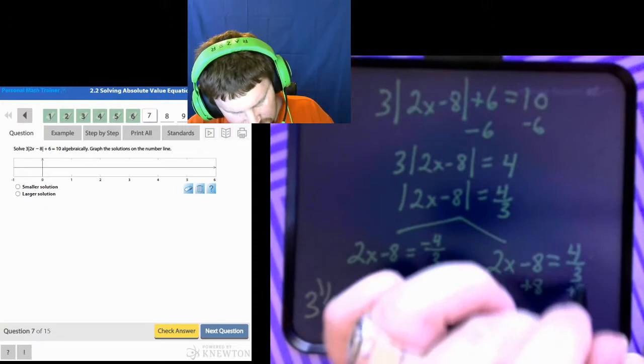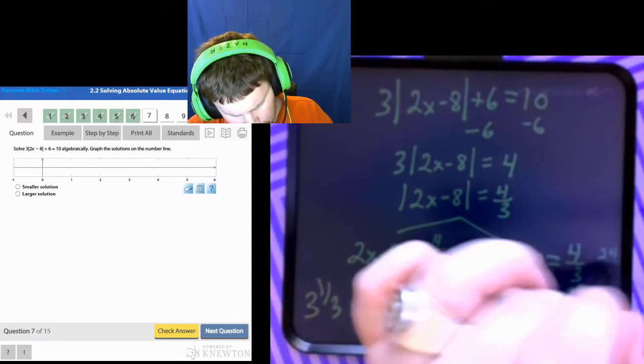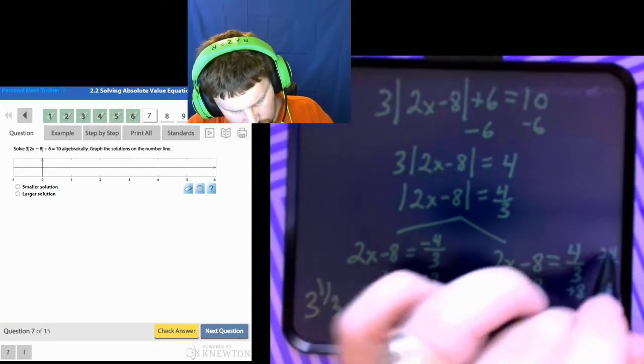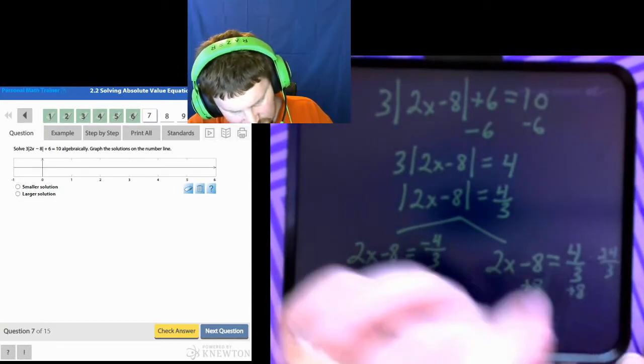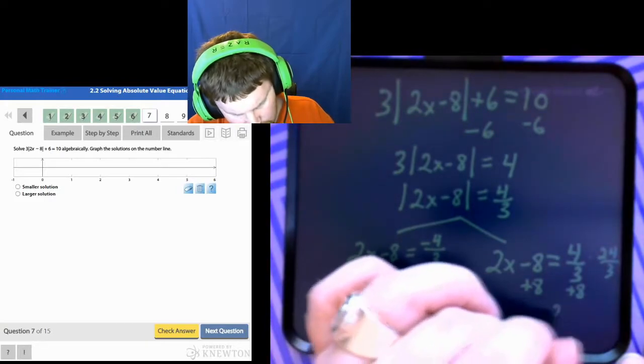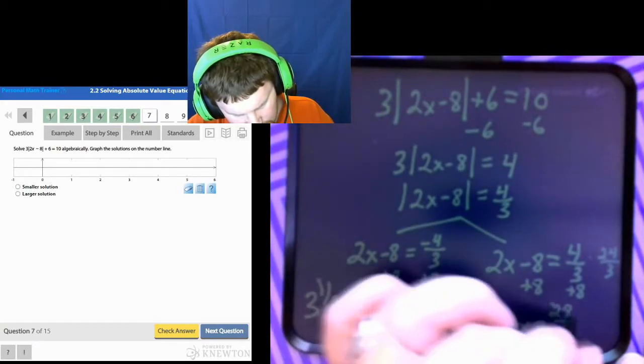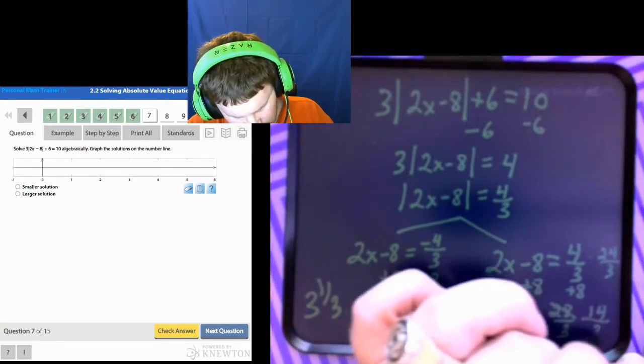Once again, 8 times 3 is 24, so this is 24/3. 4 plus 24 is 28. So this becomes 2x equals 28/3. And when we divide both sides by 2, this becomes 14/3.